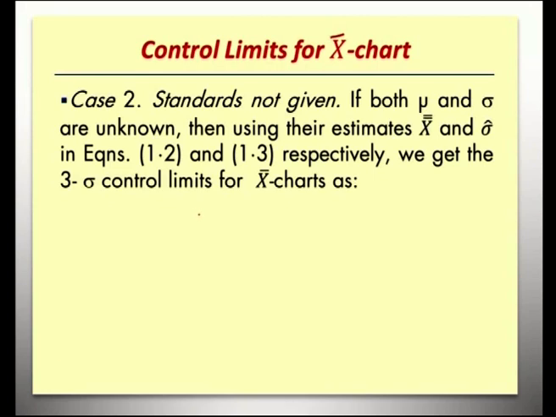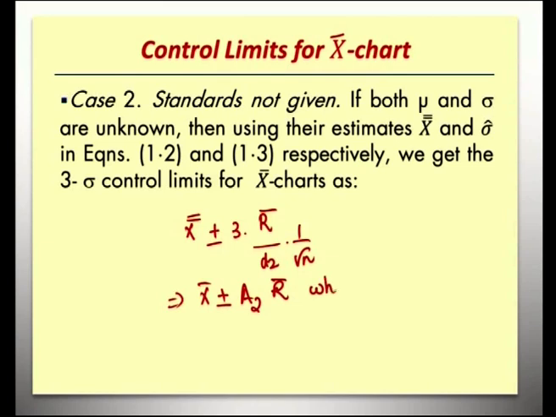That is, x bar bar plus or minus 3 into R bar by d2 into 1 by root n, and after careful calculations this becomes x bar bar plus or minus A2 into R bar, where A2 is the constant 3 by d2 into root n. The plus value will be the UCL and the minus value will be the LCL.